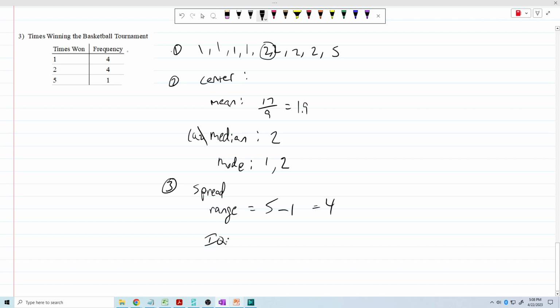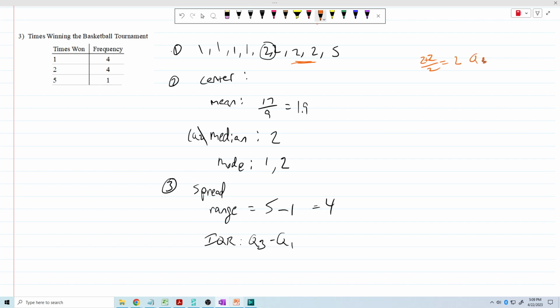Then we got our interquartile range. Q3 minus Q1. Got to figure out what those are. Let's see, Q3. We got 1, 2, 3, 4, so I need to take the average of these two. So 2 plus 2 divided by 2 equals 2.